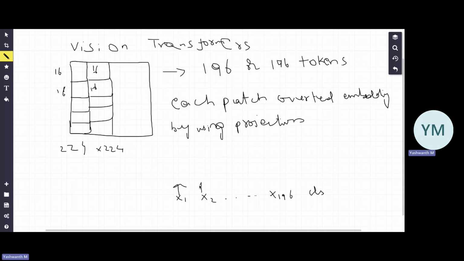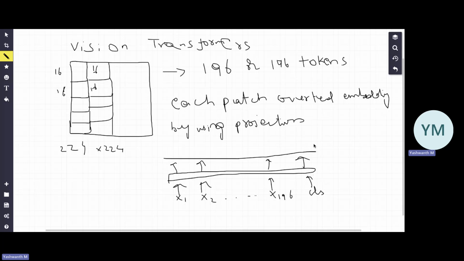Each of these goes through a projection layer and we get embeddings for each of them. And they undergo something called self-attention, and we get similar length tokens. This is where the mixing among the tokens happens.